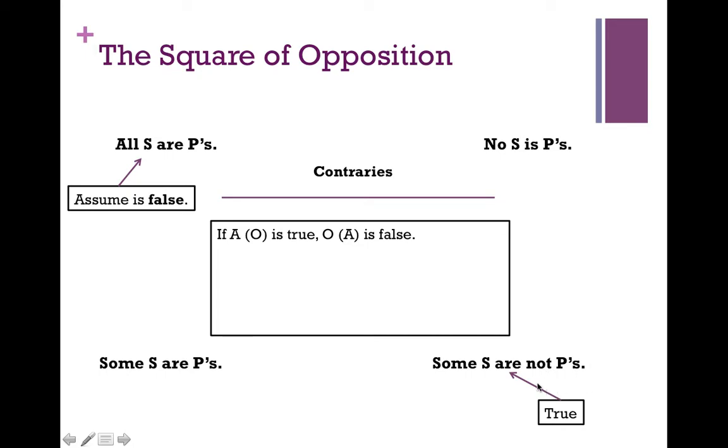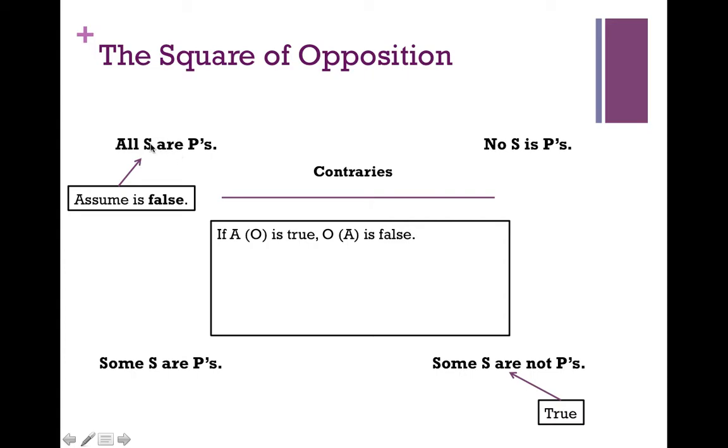And what about in the other way? What if we assume that some S are not P? What if we were to assume this is false? So it's not true that some S are not P, and this is a little confusing. Well, then it's going to follow that this statement up here is true.